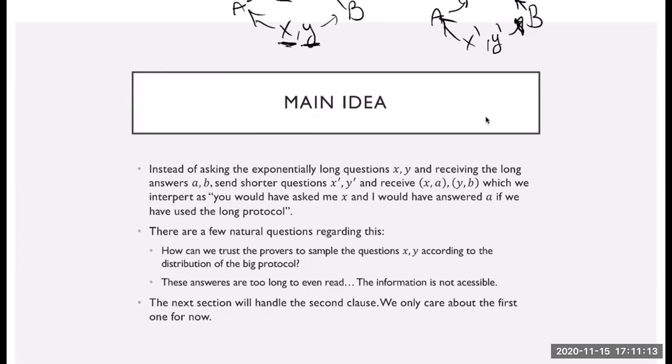You need to check that they actually use this distribution, and also that they don't share any information. The whole idea in these kinds of protocols is that you send a question to Alice and a question to Bob, and they don't communicate, right? So the way they sample, you need to also check that they didn't share information that they are not allowed to share.